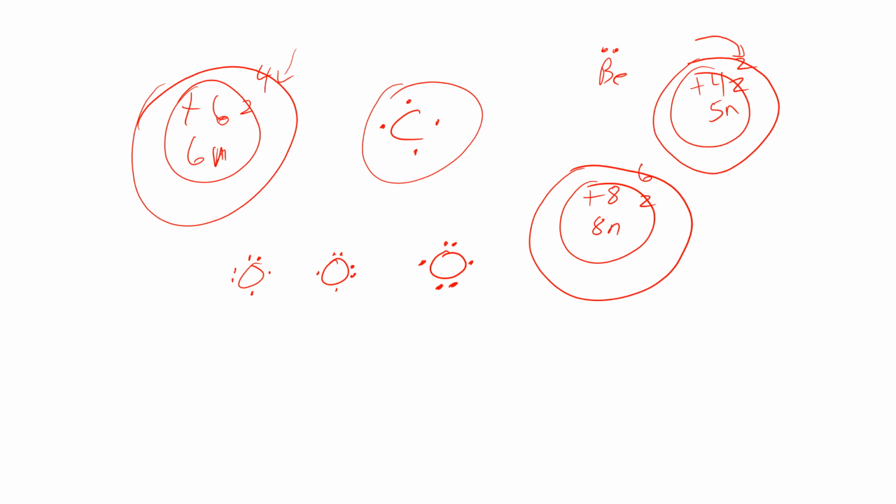Let's do nitrogen: 7 protons, 7 neutrons, 2 shells, 2 electrons on the first, and it's in column 5, so 5 valence electrons. And these are the ones that I need for electron dot notation. You've picked up so far that electron dot notation means just individual atoms.